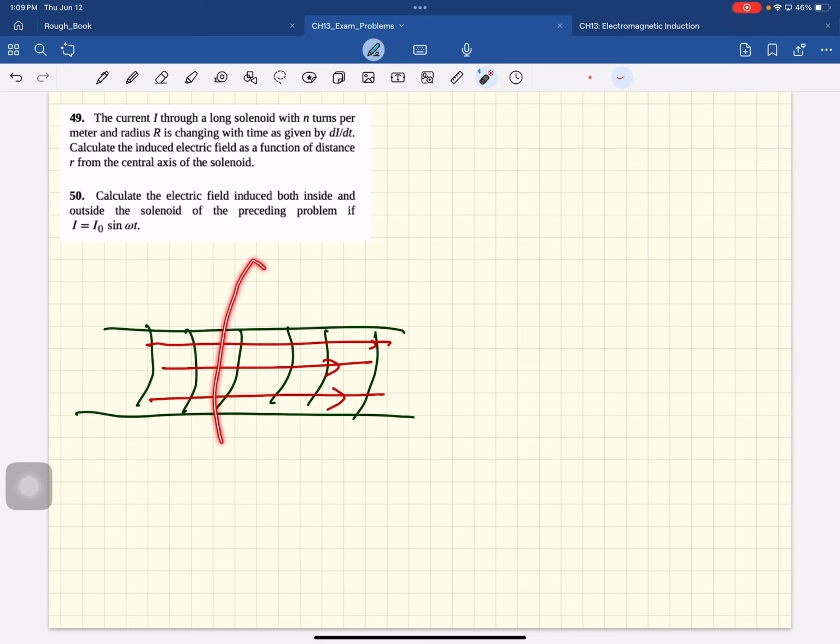So what will be the direction of the induced current? If the magnetic field increases, the induced current should produce a magnetic field in the opposite direction. So the induced current will be in this direction.